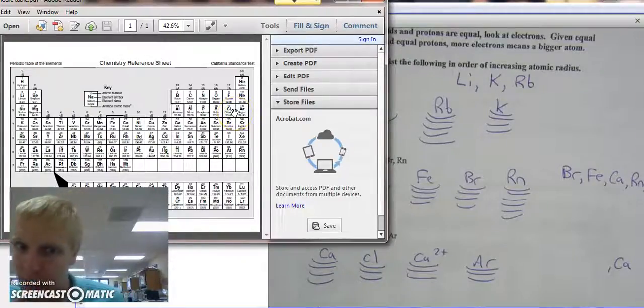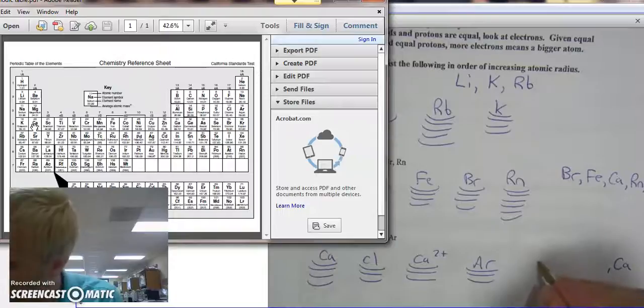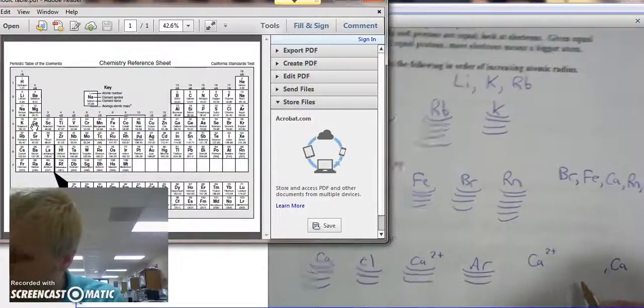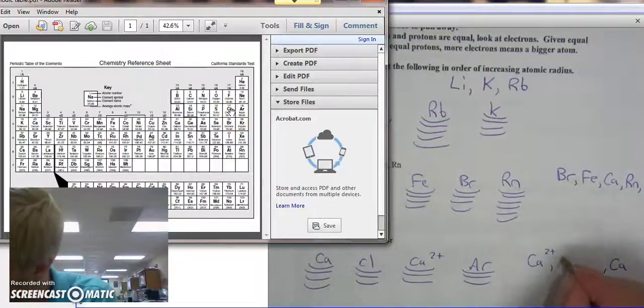So the one that has the most protons is going to be calcium. So therefore, really, calcium 2 plus is the smallest one. And then we have argon, and then chlorine.